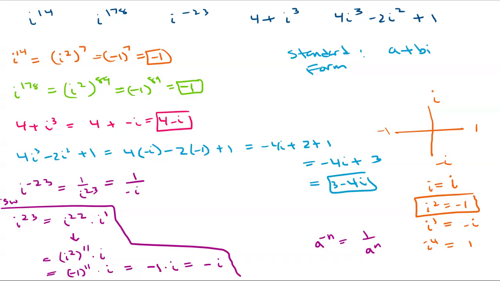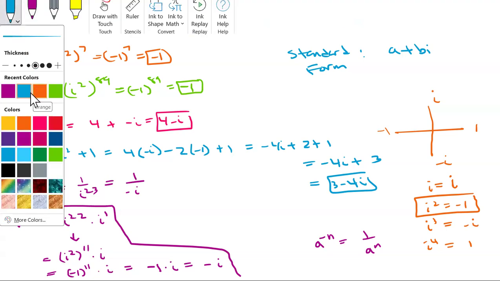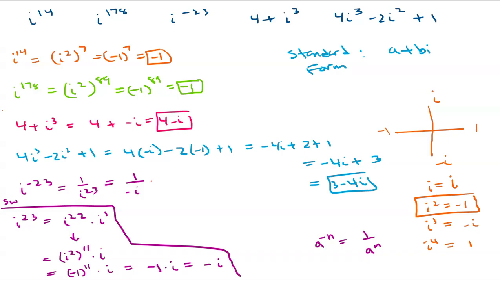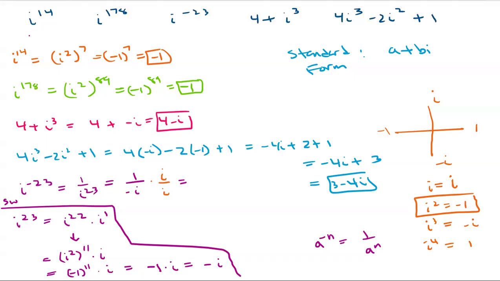If we have that i in the denominator, we need to multiply by the conjugate. So in this case, we're going to multiply by positive i. Okay, so i over i. Right? This problem seems so innocent, but it's a lot of work. So we have i here, and then i times i is i squared, but don't forget there's a negative here. Okay? So we still got the negative times i squared.